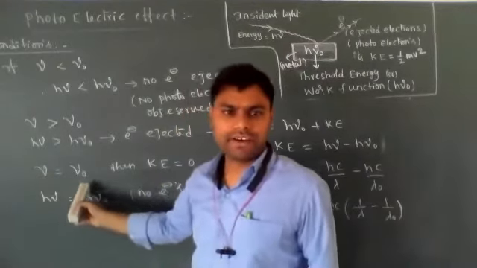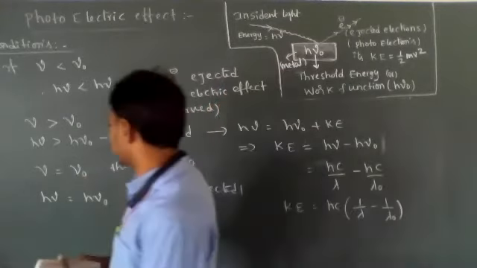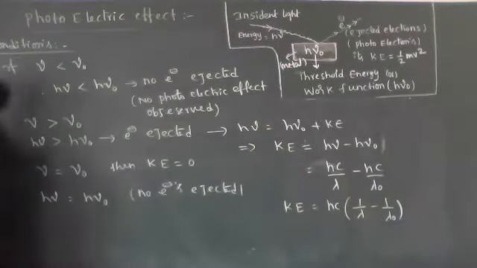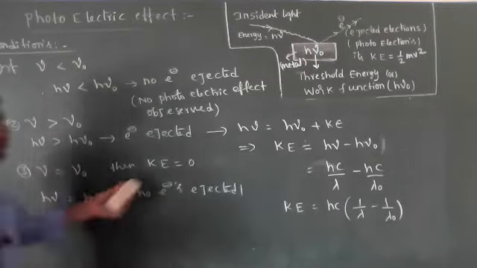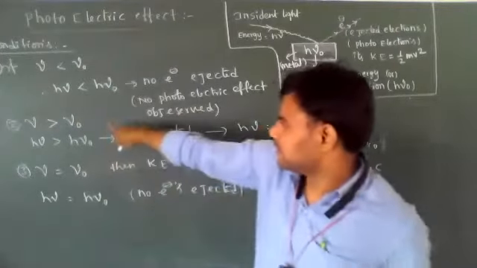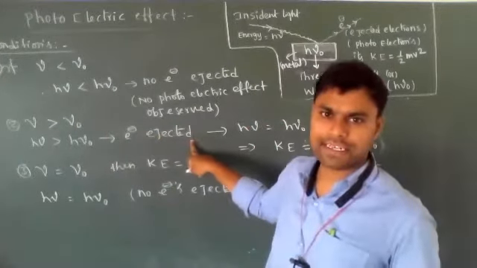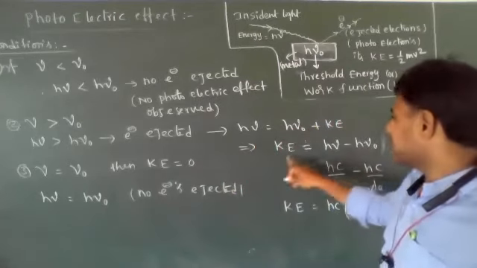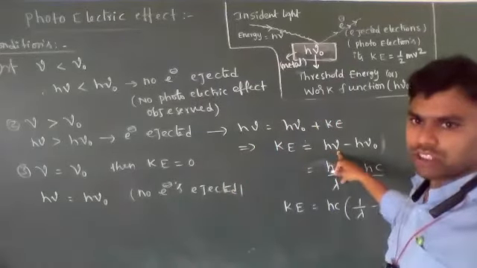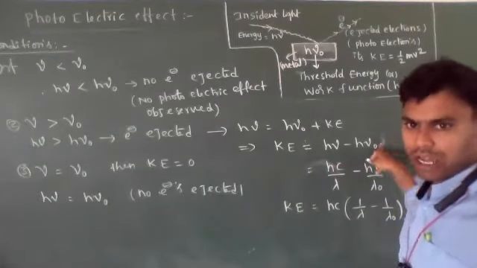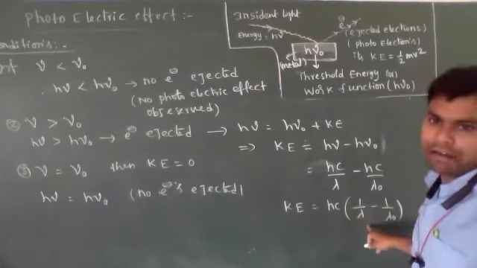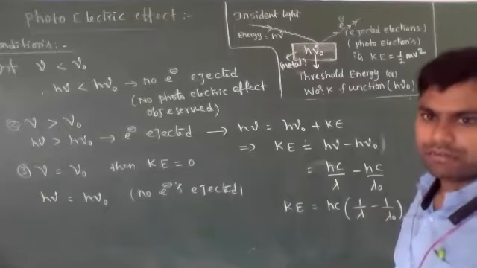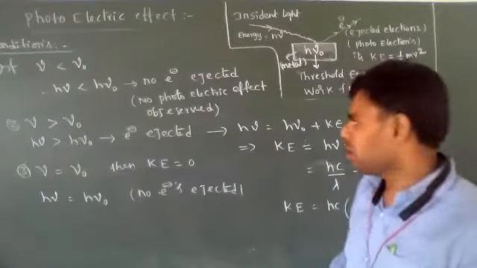When the incident light frequency is equal to the threshold frequency. In the second condition, where the photoelectric effect is present, h nu is equal to h nu naught plus KE. Then kinetic energy is h nu minus h nu naught, which is also hc into 1 by lambda minus 1 by lambda naught.